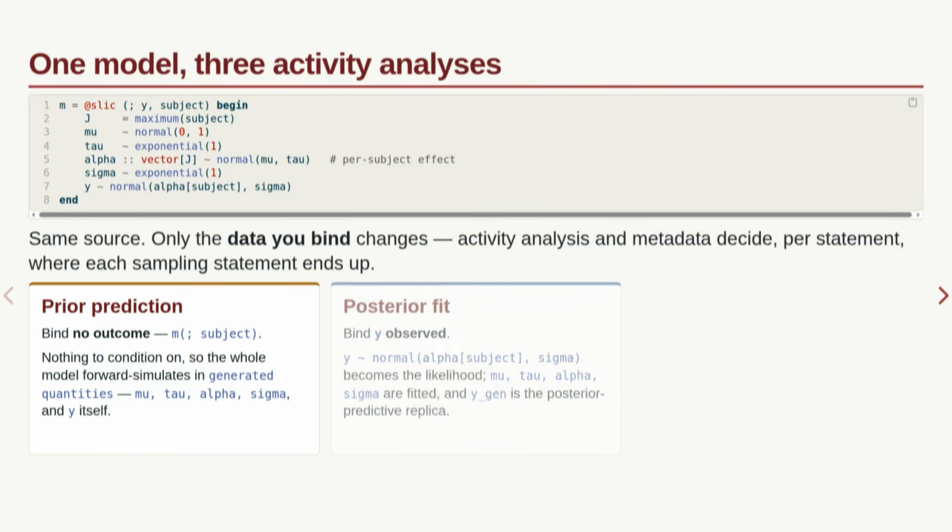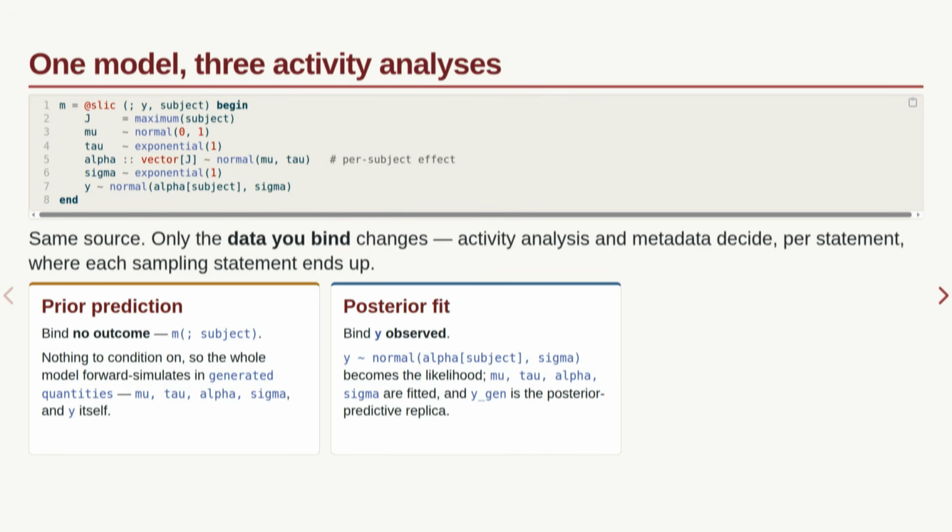On the other hand, if you pass y, if you condition on y, then you know that because y shows up here on the left-hand side of a sampling statement, and because you have passed it as data, that it's affecting the likelihood, and anything that affects y itself, again, affects the likelihood and has to be a parameter of the model, right? And everything downstream then becomes generated quantity.